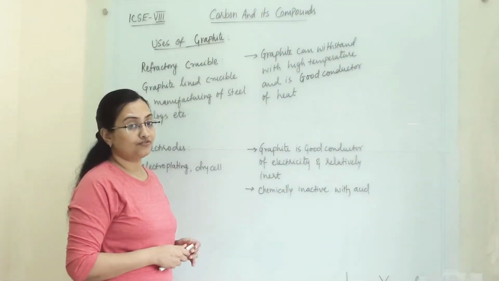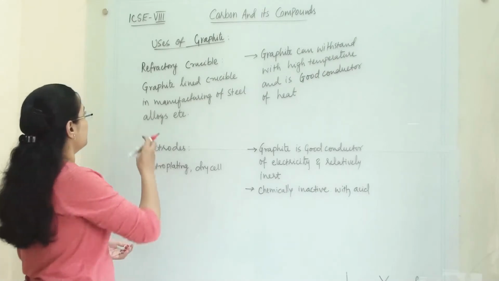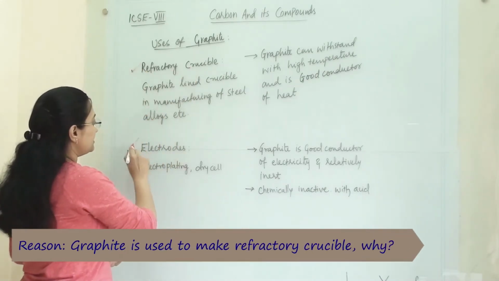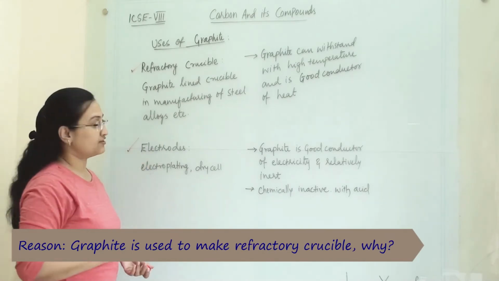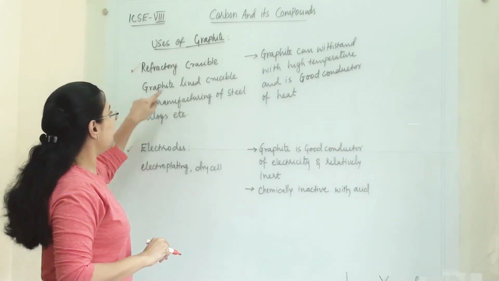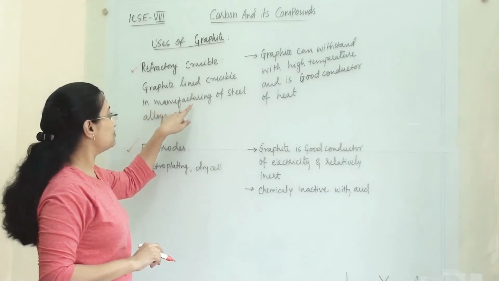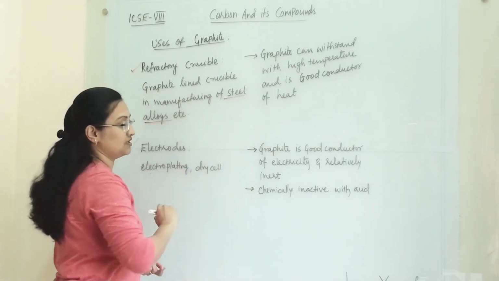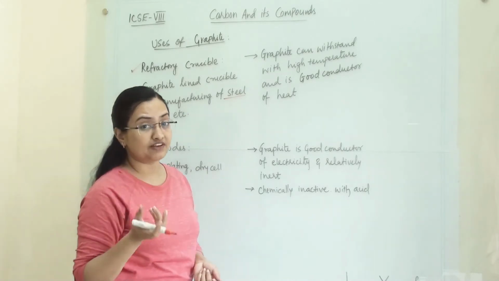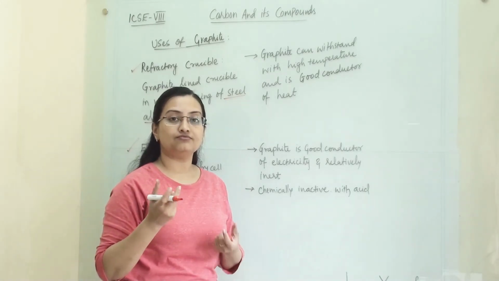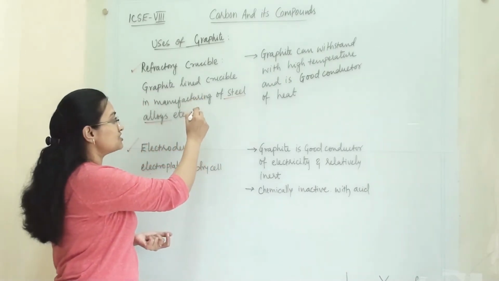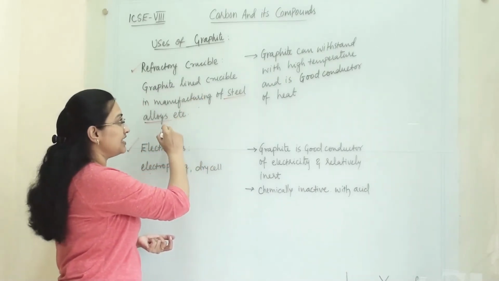Another two uses of graphite: it is used as a refractory crucible and as an electrode. A graphite lined crucible is used in the manufacturing of steel, alloys, etc. A graphite lined crucible is made up of a mixture of clay and graphite. Why is it used in manufacturing of steel and alloy?